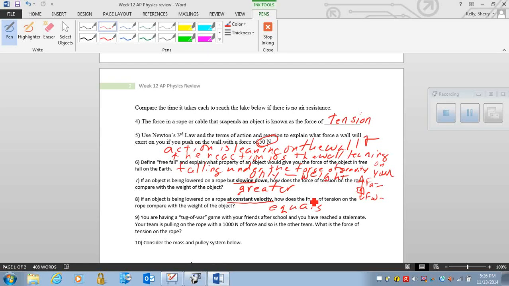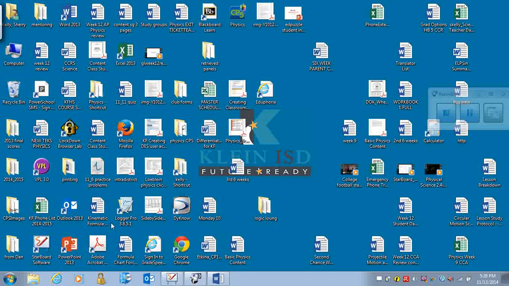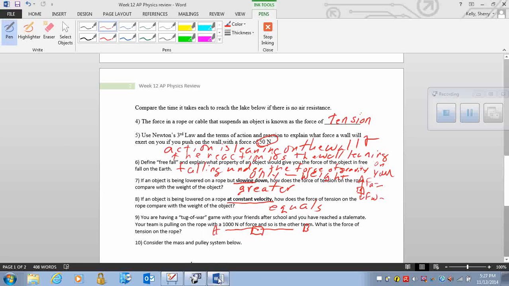What you have to realize is that in a tug-of-war, you actually have to think of the rope as an object. And so here's team A, and here's team B. And what you have to think of is two separate third law systems. We have the force of team A, which is 1,000 newtons.